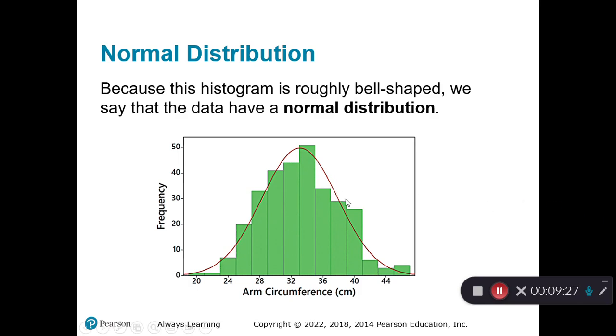Obviously, there are some variations here where it's not perfectly symmetrical, it's not a perfect mirror, but we see that the frequencies start low, they start increasing, they reach some sort of maximum height, and then they start decreasing and dropping off until they're low again.